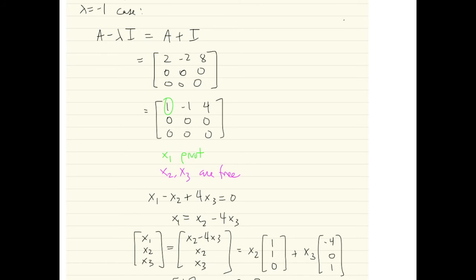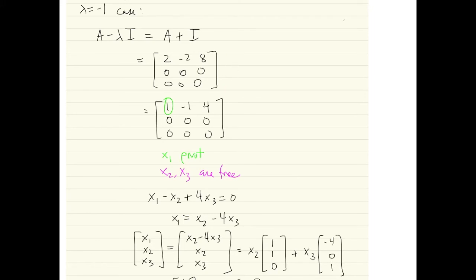This is a pretty simple matrix to row reduce. We just divide the first row by 2, and so again this equation stands for x1 minus x2 plus 4x3 is equal to 0. If I worked with the augmented matrix again, there would be a column of zeros here.